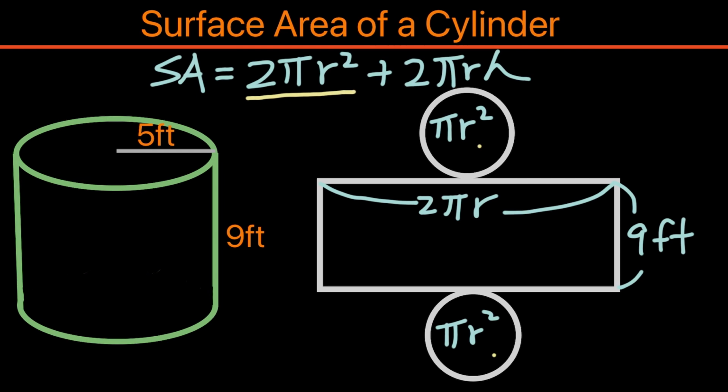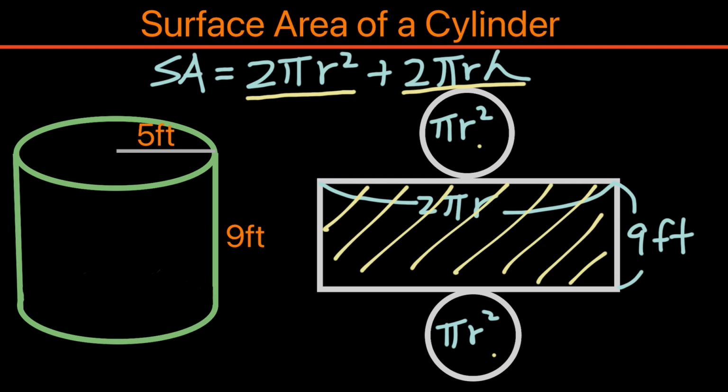Then the next part would be to add the rectangle portion, which is this part here. To find that out, we know the length is 2 pi r, and the reason why is 2 pi r is the circumference of the circle.